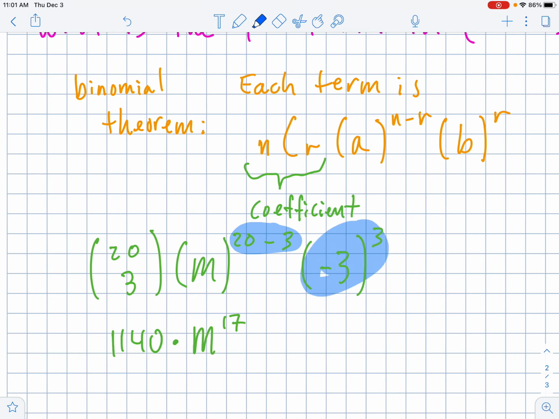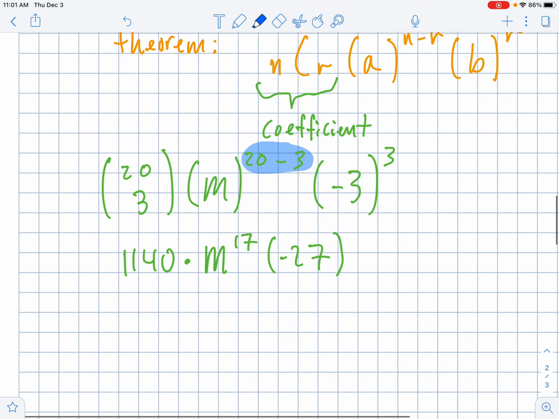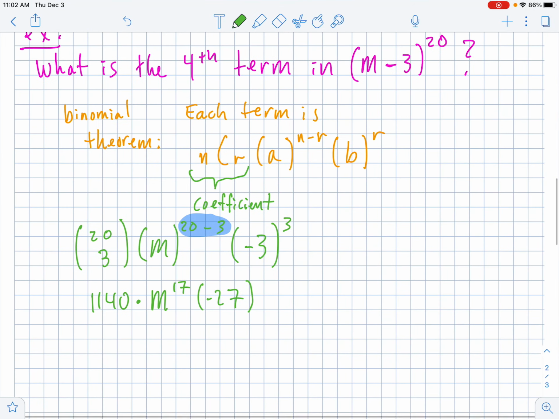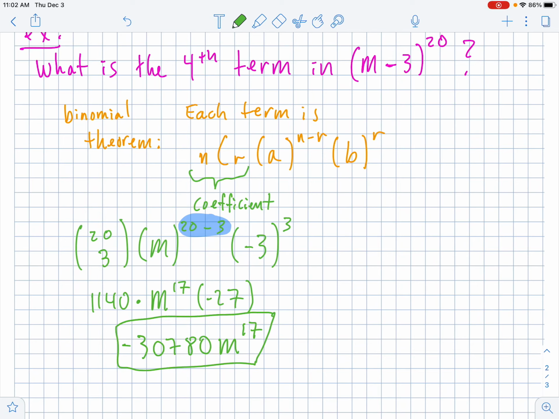And then this whole part, negative 3 cubed, is what? Negative 27, I believe? So then all I have to do is multiply this number and this number together. So the fourth term in that expansion is going to be negative 30780 times m to the 17th. And then we are done.